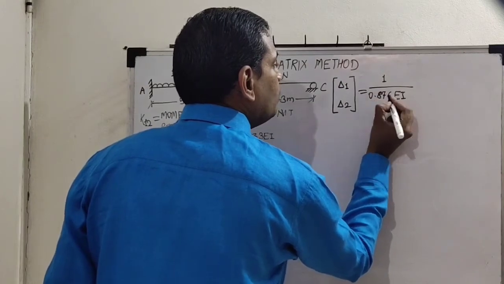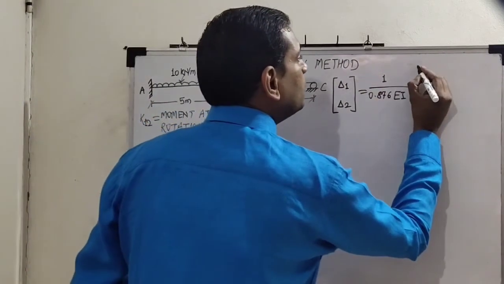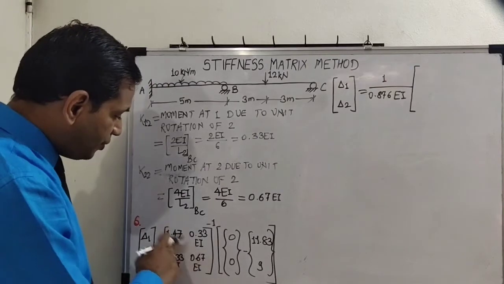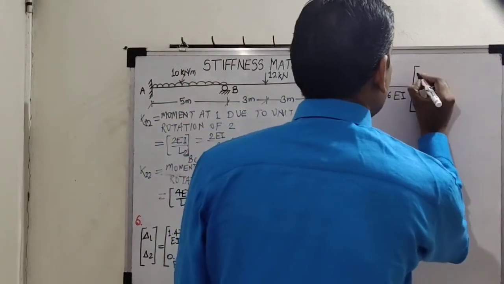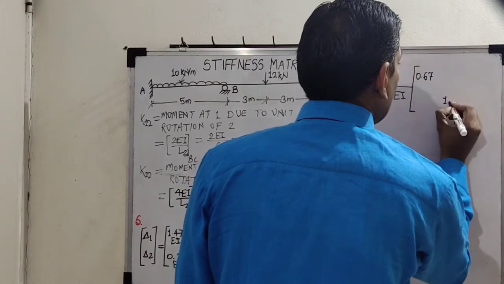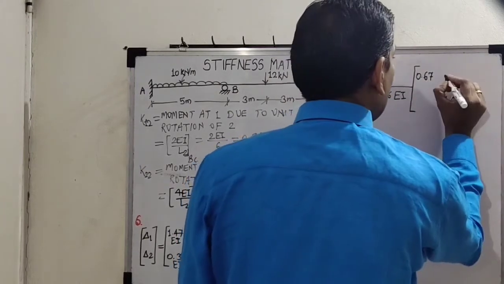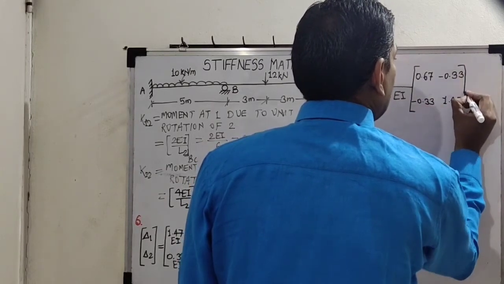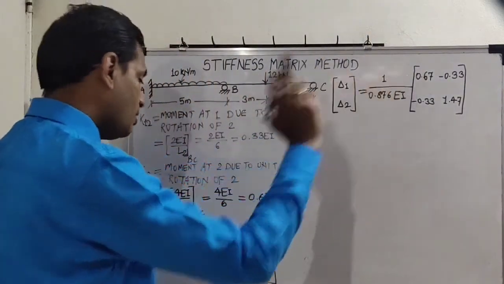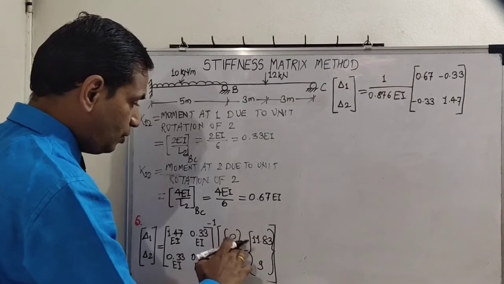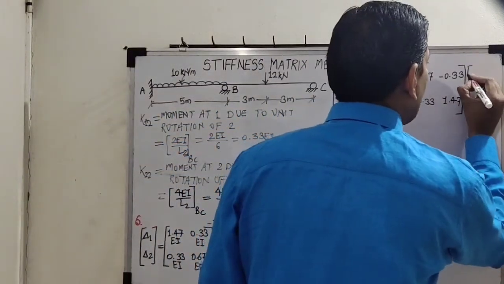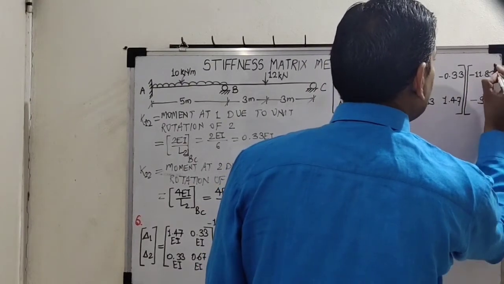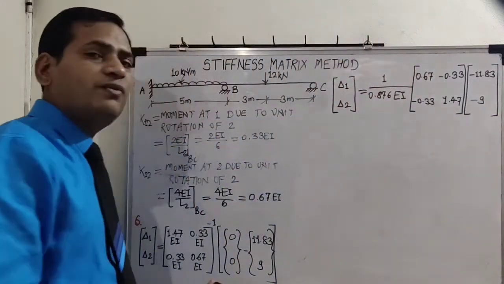This is the determinant of the 2 by 2 matrix. Now, a small change in the position of the elements of the matrix: interchange the diagonal elements. So this is 0.67 and this is 1.47 here. The remaining two elements will be the same but with opposite sign. Plus 0.33 is here, make it minus here. Then the next matrix: 0 minus 11.83, so this is minus 11.83, and 0 minus 9 is minus 9. The inverse of the matrix is over.